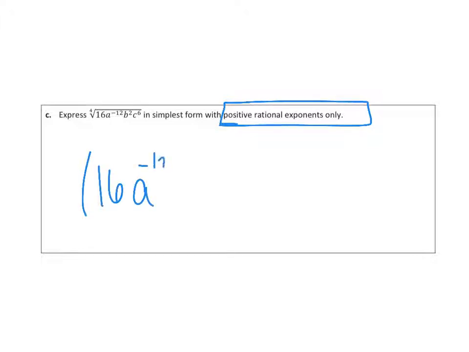All right, let's try another example, very similar, and we want to write with positive rational exponents only, so no radicals. So again, I'm going to go with the method of rewriting all of this raised to the 1/4 root. Okay, now I'm going to use my power to a power. Remember, this 16 actually has a power. There is a 1 there.